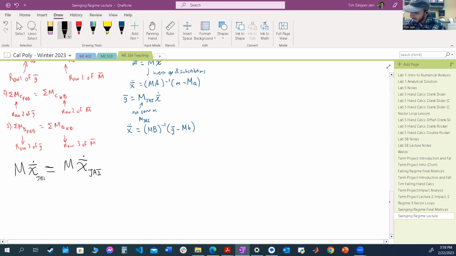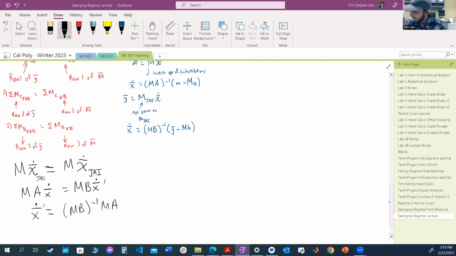So that means that M times A X bar dot equals MB X bar dot. So that means that X bar dot prime is equal to MB inverse MA X dot.